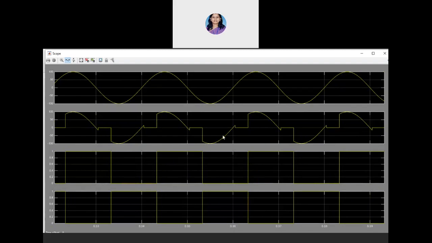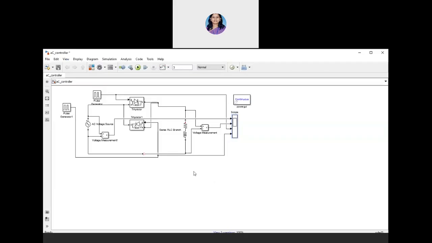This spike in the negative half is coming due to the inductance that we have taken into consideration in the load, and again the waveforms are coming with respect to the pulses. Fine. So this was the basic working and the modeling of the single phase AC voltage controller. We have seen the output with the R load, resistive load, and the RL load.